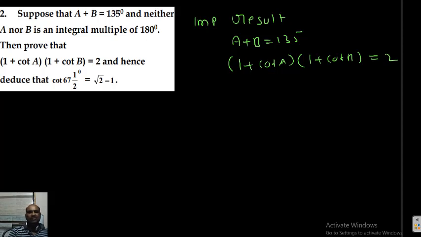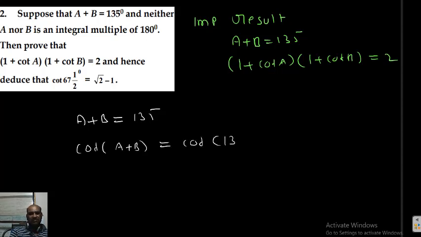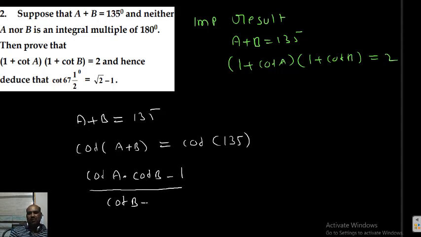Okay, the proof is easy, students. A plus B is equal to 135. Cot of A plus B is also cot 135 only. Cot A cot B minus 1 by cot B plus cot A equals cot of 90 plus 45.